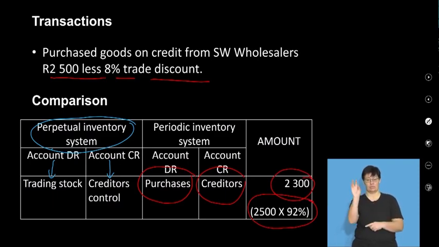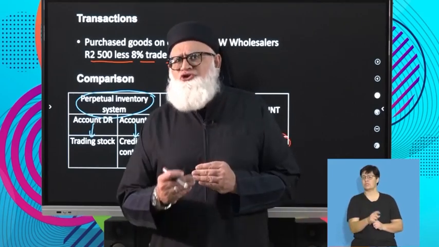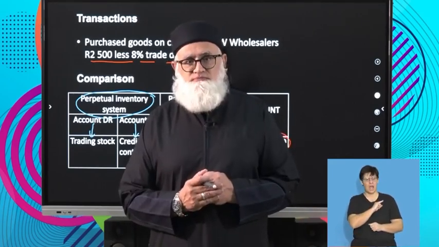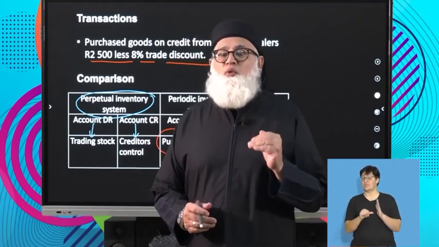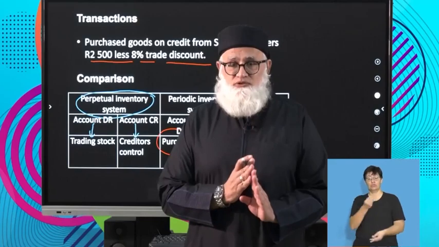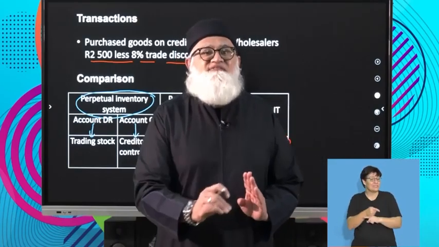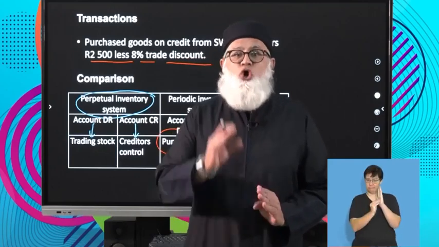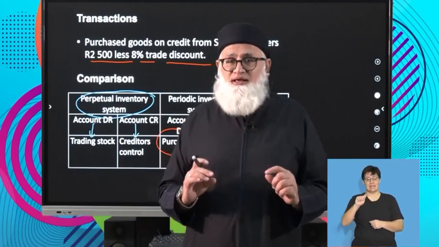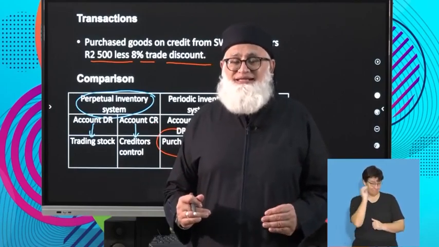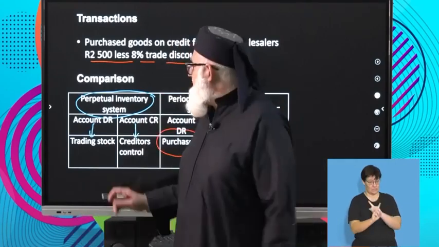Now, the question arises, why are we not recording the discount? Very important, guys. Whenever you're dealing with trade discount, it is never ever recorded. You only use the net amount. Keep that at the back of your minds. Trade discount is never ever recorded. Okay, the next one.